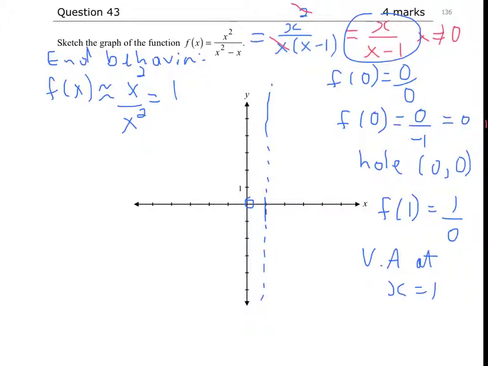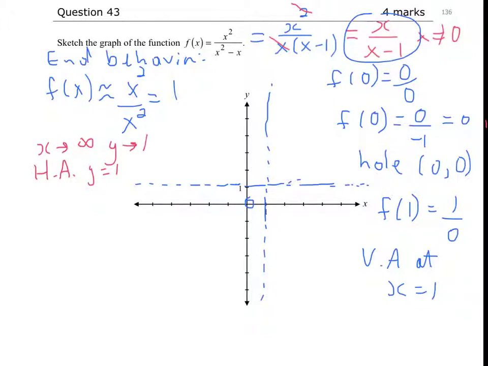So that is pretty much our end behavior. In another way, we could say as x goes to infinity, y goes to 1. So that is a horizontal asymptote. Horizontal asymptote at y equals 1. So I'm going to write in that horizontal asymptote there. Try my best at least to write in that horizontal asymptote.